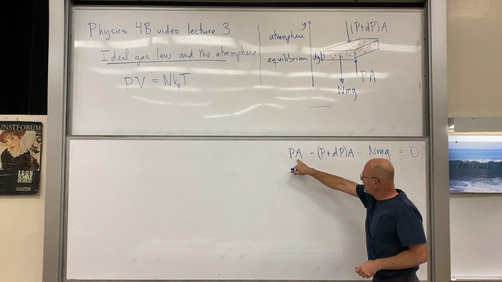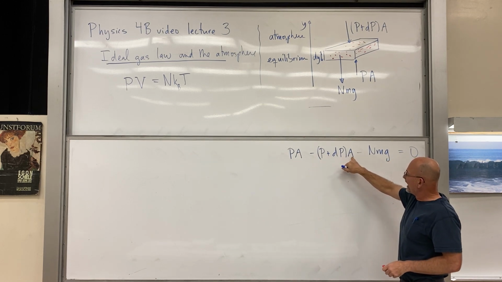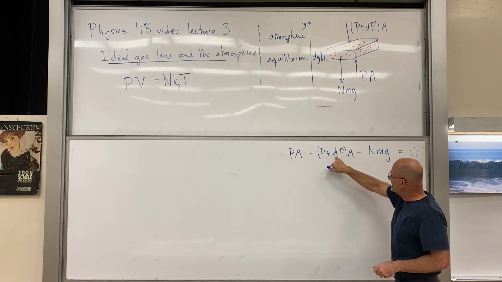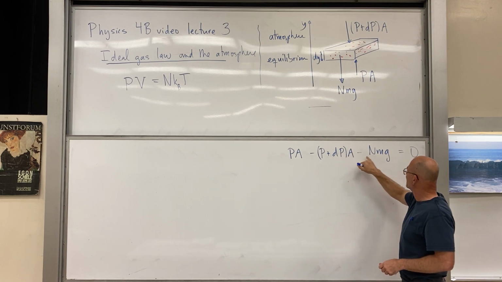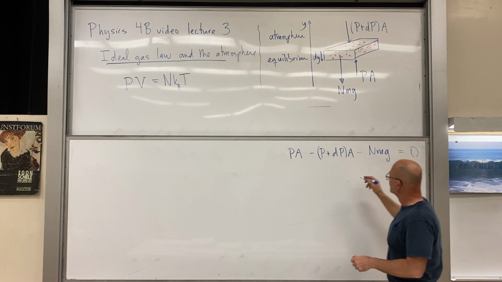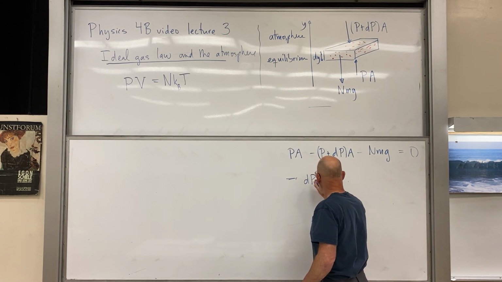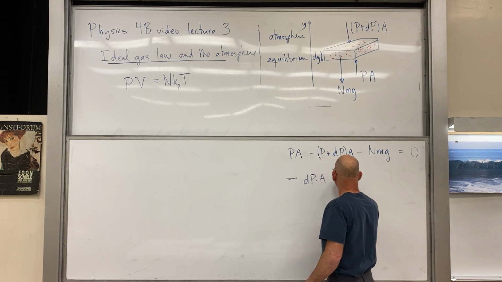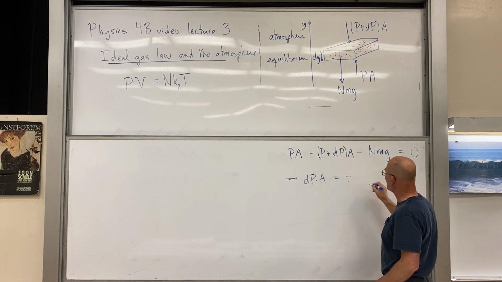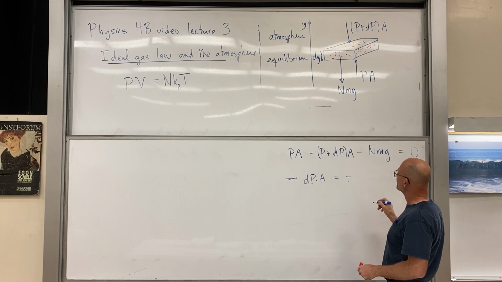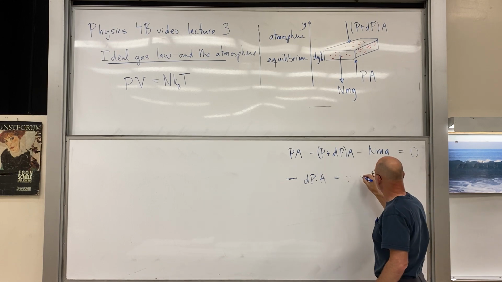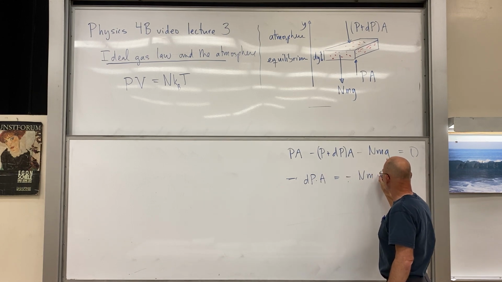Okay, so P times A minus P times A, that's going to be 0. We'll have dP times A. Bring this over to the other side. We'll have dP times A is equal to minus mg.